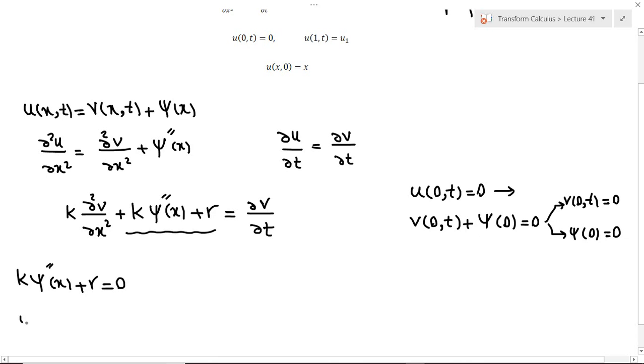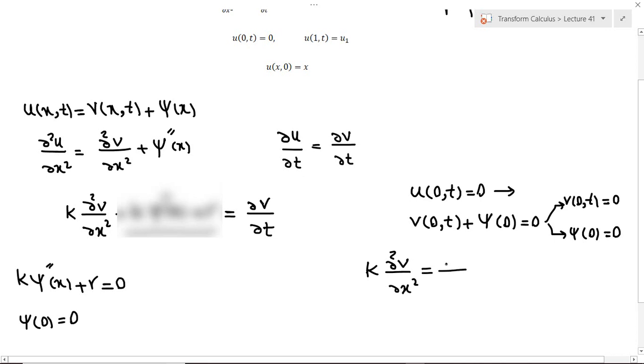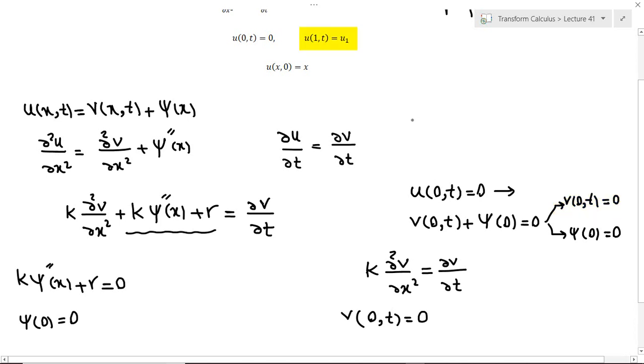For the boundary value problem, when k psi double prime plus r is equal to 0, what is left? We have k times the second derivative of v with respect to x is equal to the derivative of v with respect to t, and the first boundary condition is v of 0 and t is equal to 0. Let's go through the second boundary condition. The second boundary condition says that u of 1 and t is equal to u1.